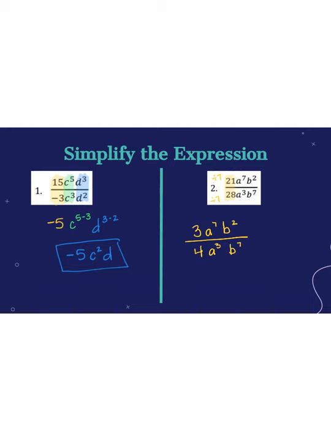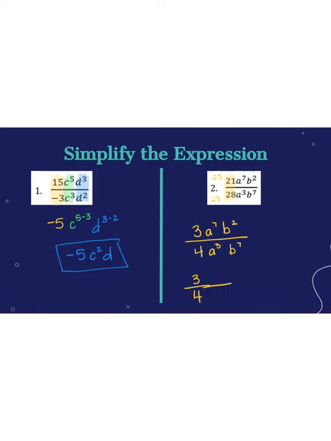Okay, I'm not quite done yet because I still want to simplify these even more. So when I'm thinking I'm subtracting these, my 3/4 is going to stay the same. And now I have to think, I'm subtracting the powers of the letters, so the exponents on the letters. So I know 3/4 stays the same, okay?